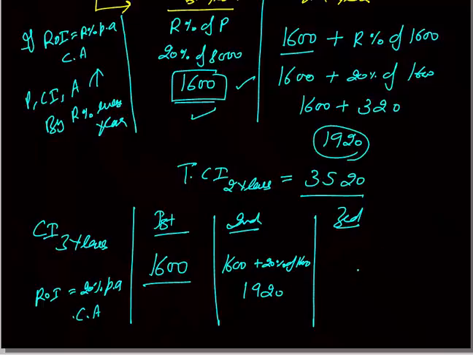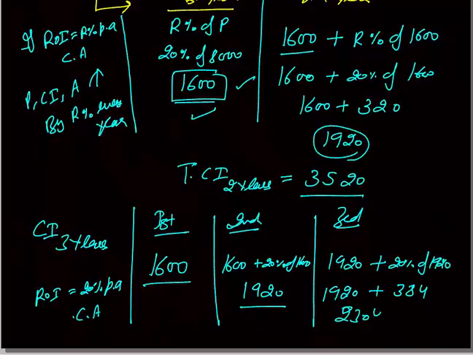Now the third year interest will be the second year increased by R percent. 1920 plus 20% of 1920. 10% of 1920 is 192, so 20% will be 384. This is 2304. So you can add these and you will be able to calculate the compound interest for 3 years.